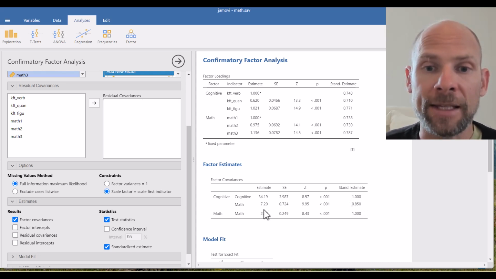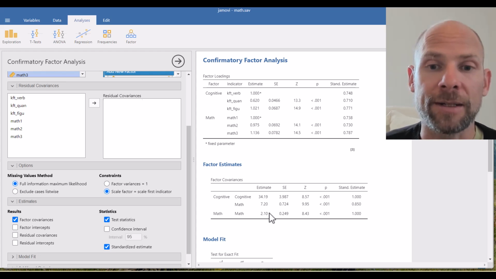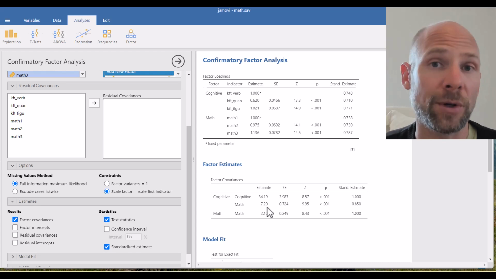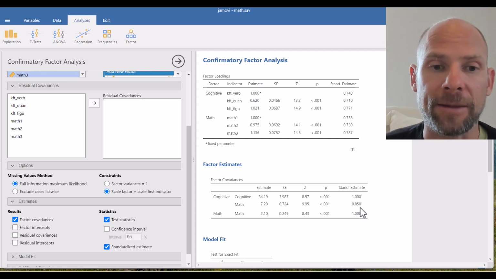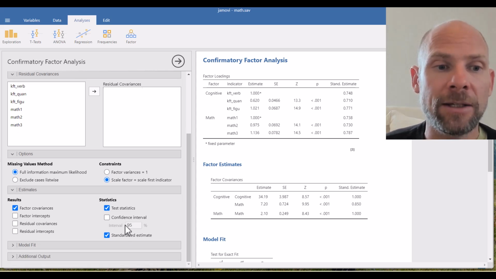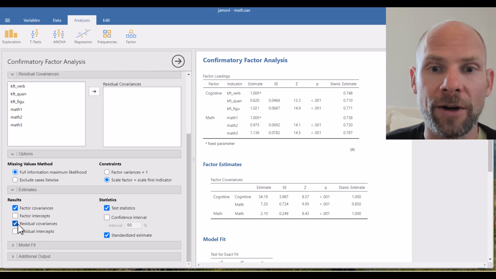Now, the estimate here is no longer the correlation, because the factor variances here are no longer standardized in the unstandardized estimate column. So therefore the 7.2 is the factor covariance, and the correlation is now given here under standardized estimate. Also, you can get confidence intervals if you like, and you can take a look at other parameters such as residual covariances.